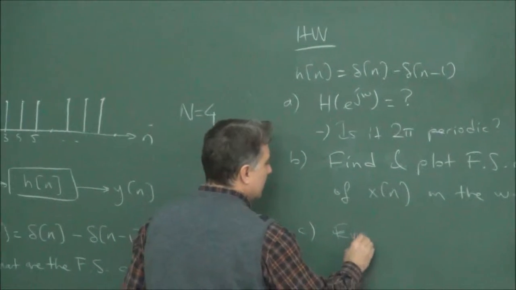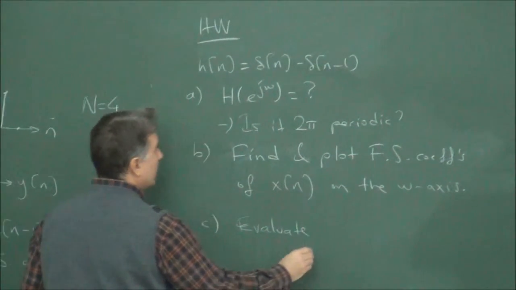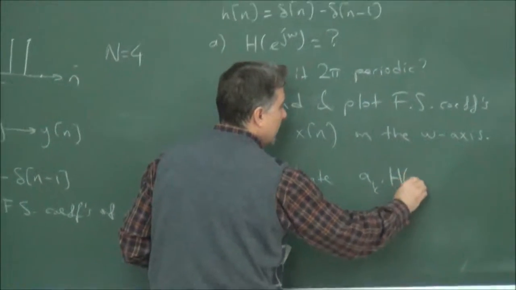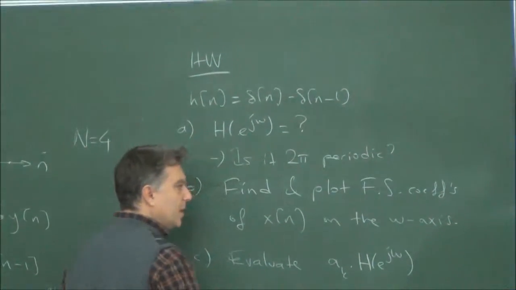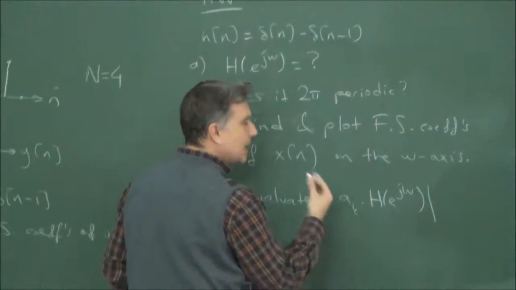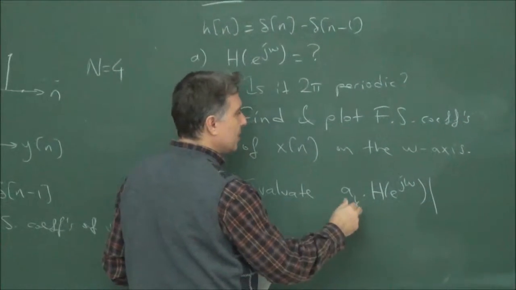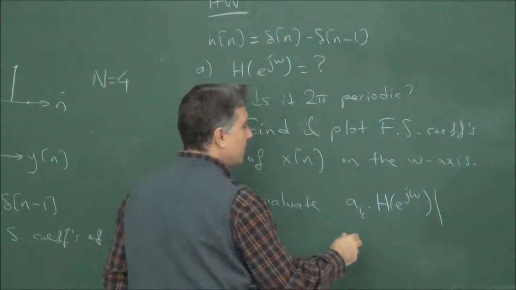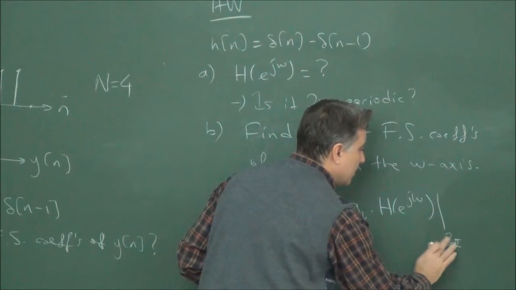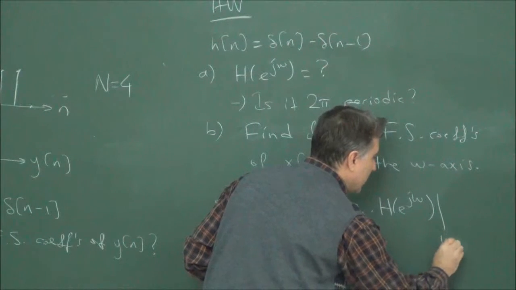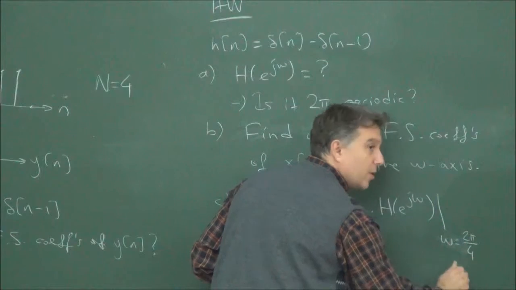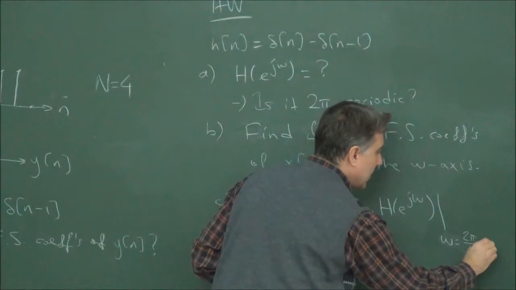Evaluate AK times h of e to the j omega at the corresponding frequency, because AK is at a specific frequency of omega 0 times k, or let's call it like this, omega is equal to 2 pi over 4, n is 4, times k.